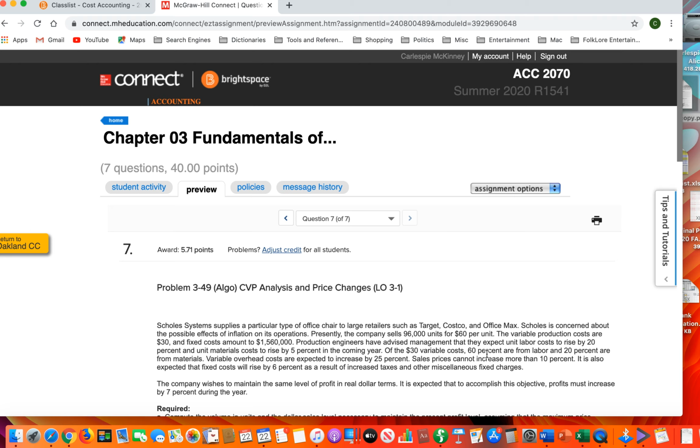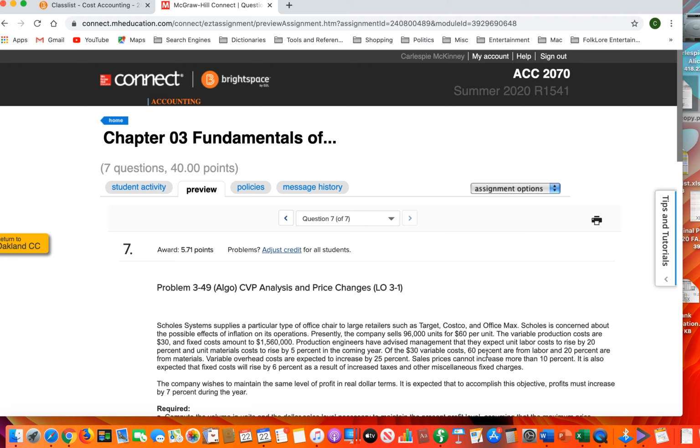So the rest has to be overhead, which is another $6. So that variable cost consists of $18 of direct labor, $6 of direct material, and $6 of variable overhead. Okay, so we got that. It's important that you do that.